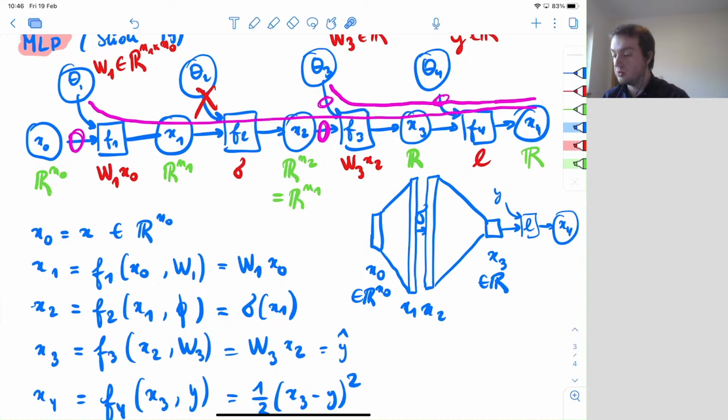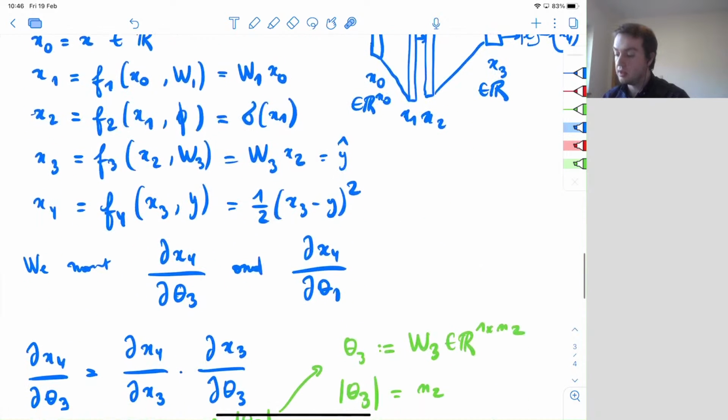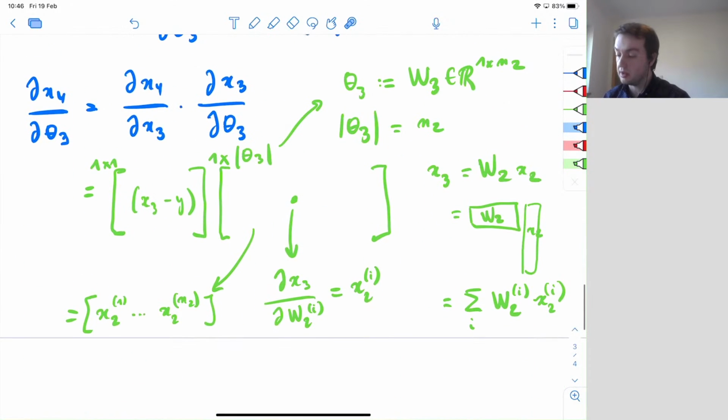So you are not allowed to discard these intermediate values x2, x1, and the others, because you will need them when you want to compute, for example, this factor in order to compute then the Jacobians that you want.